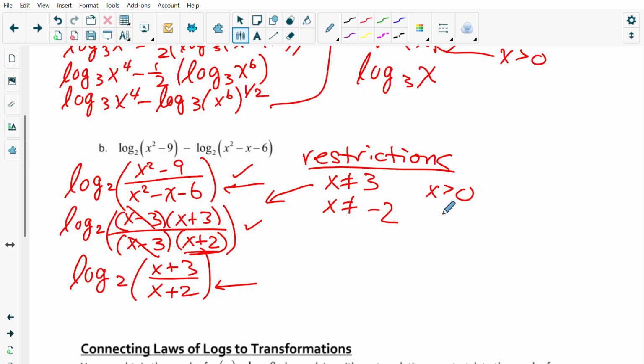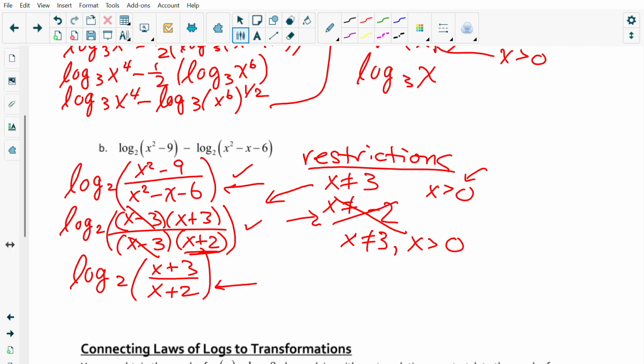So when I have x is greater than 0, the restriction x does not equal negative 2 is not necessary because 0 is greater than negative 2, so we need not write this one. We can say x does not equal 3, but x is greater than 0, okay?